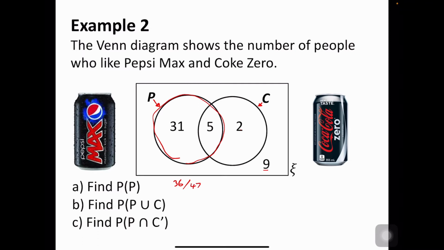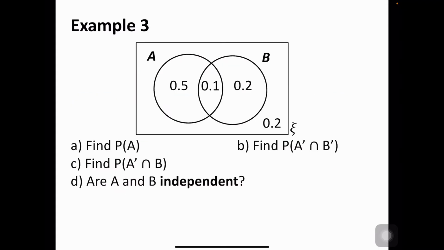So that's the probability of how many people, that's the probability of people who like Pepsi. Find P union C. I always think it's useful to highlight the Venn diagram.